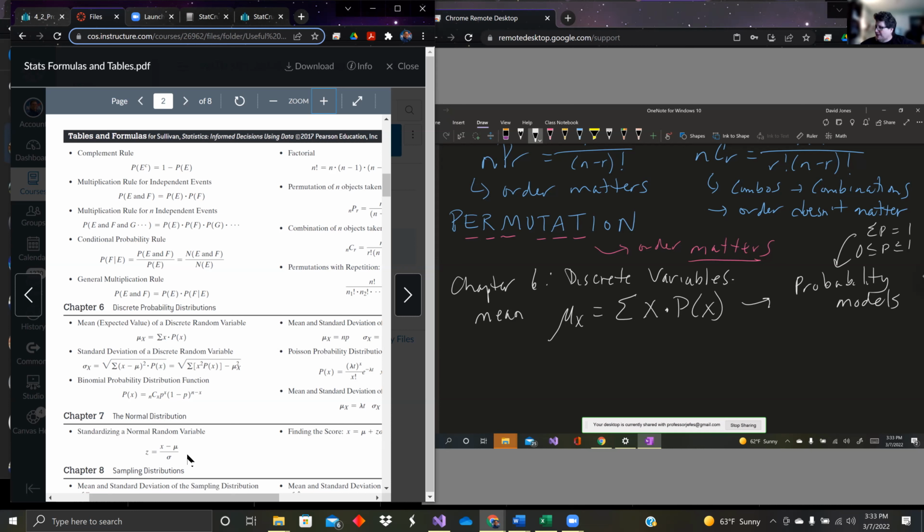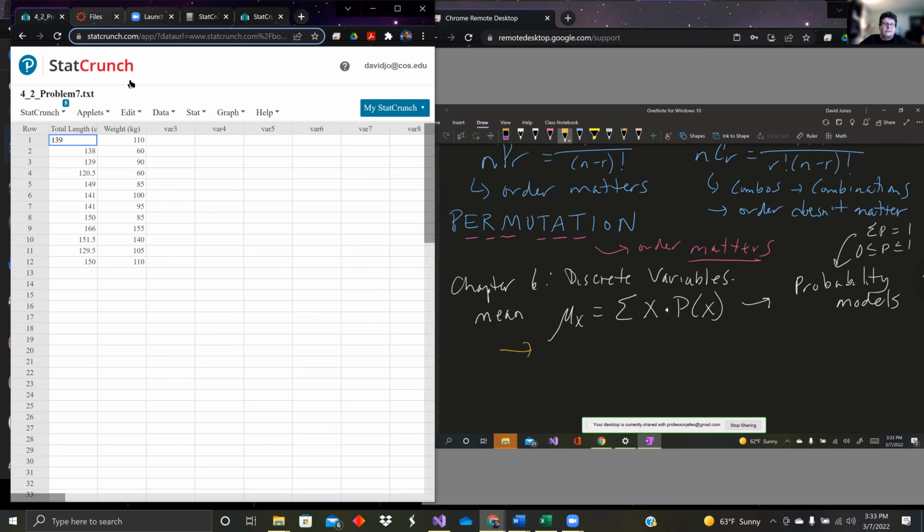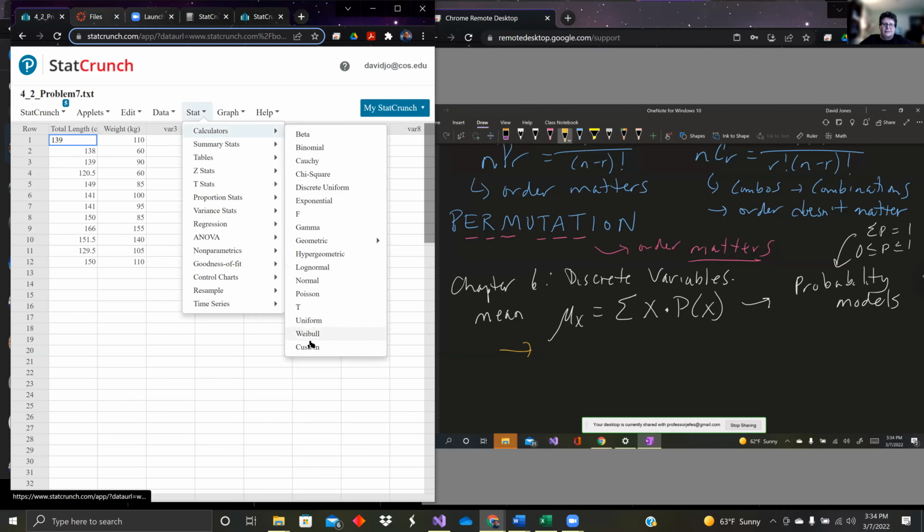It actually gives you the formula for the standard deviation, but it's a pain. Did we even do that? I don't think I made you guys do standard deviation. No, I didn't even show you the formula. I'm not going to show it to you now. Where did we do this in StatCrunch? Stats, calculators, custom.